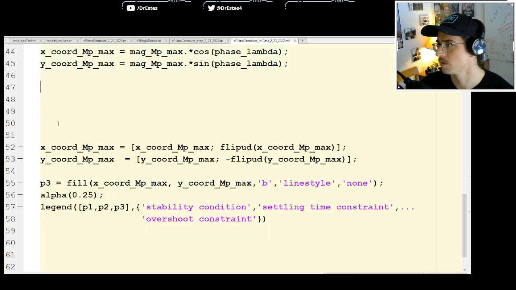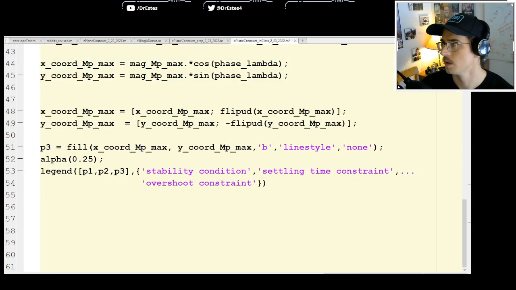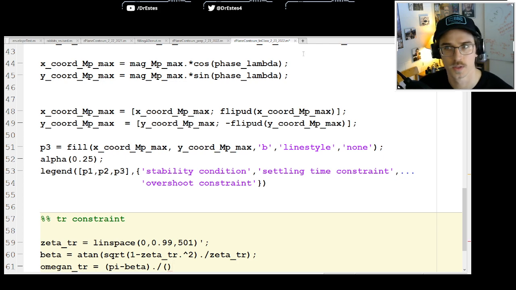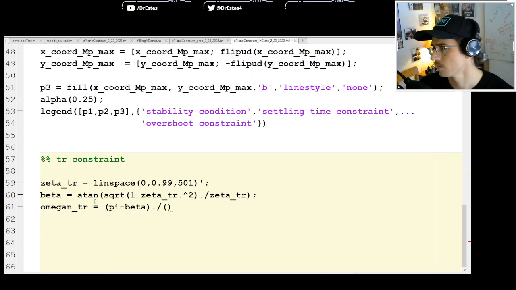Good grief. Okay, I'm going to cut it and bring it down here where it belongs. Okay, so we're going to need our maximum rise time. So this is our constraint. The maximum rise time, I'm going to make something up. It has to be like 0.5 seconds.